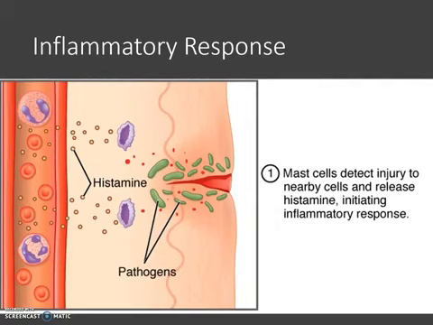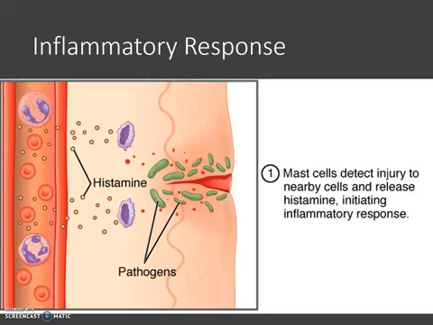And you may be familiar with medications called antihistamines. So one symptom of allergies is you have this histamine response to something that's not really a pathogen. So you're having this histamine release just by inhaling something like pollen, which is not pathogenic, but your body thinks it is. And so it goes through initiating this inflammatory response.